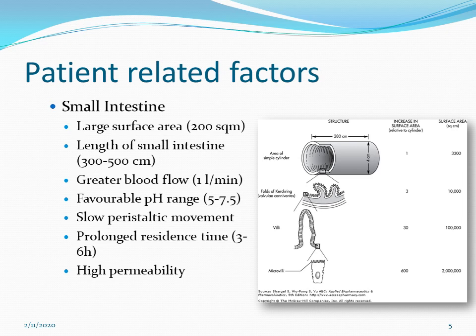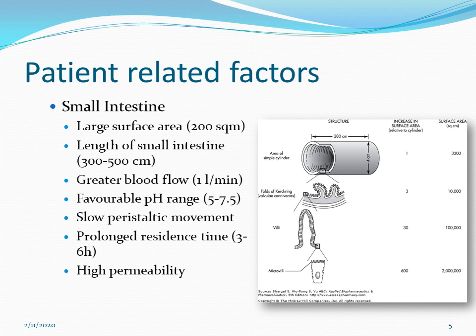Small intestine, comparatively, has a large surface area, that is 200 square meter. The length of small intestine is about 300 to 500 centimeter. Blood flow to the small intestine is 1 liter per minute.